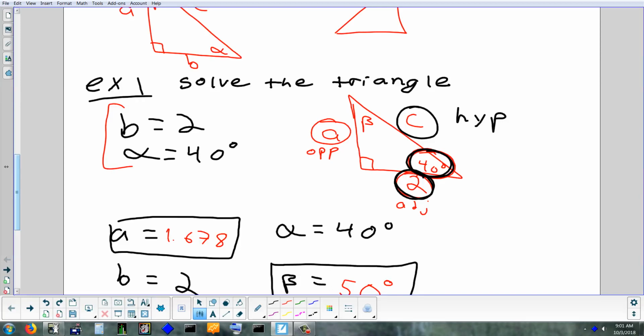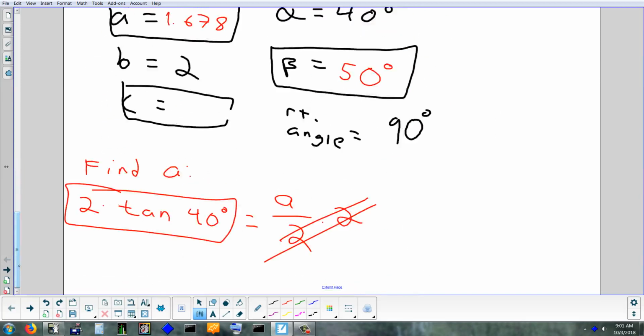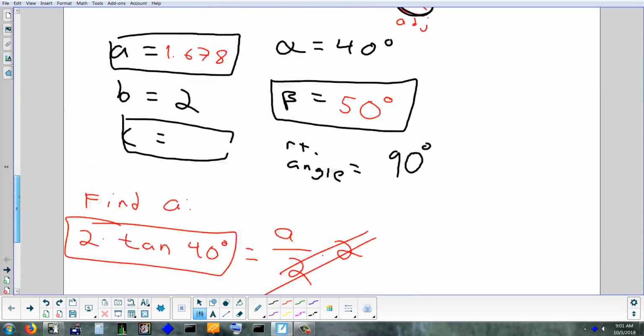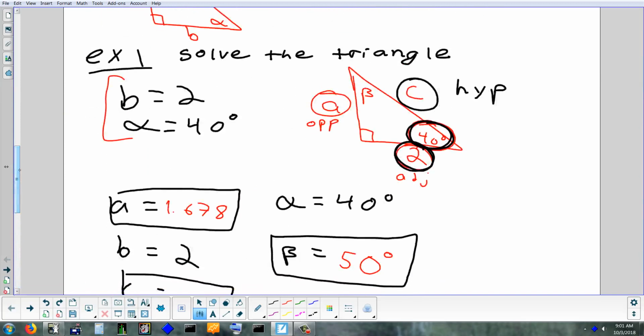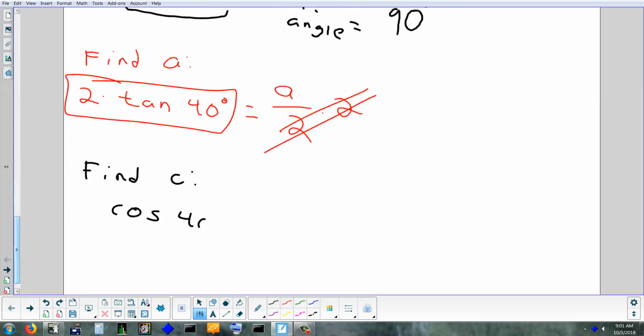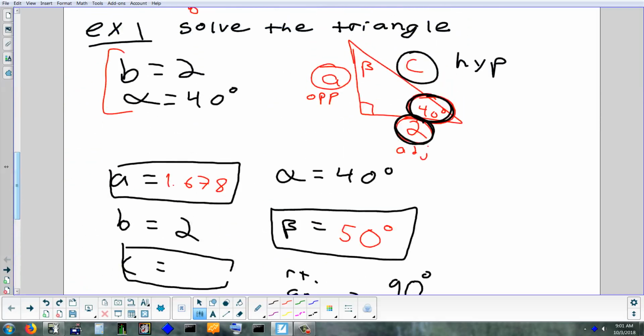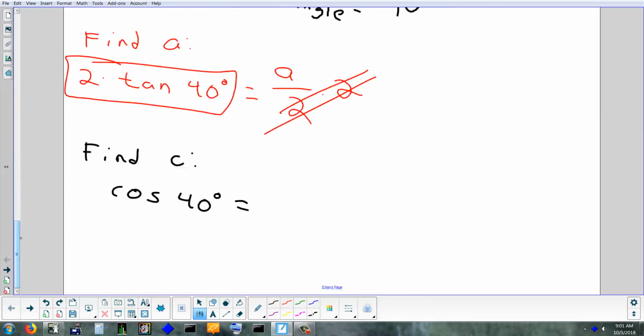Cosine. So to find C, we use cosine. It's going to be the cosine of, what's my angle? 40. Cosine of 40. Always fill your angle in right there. Equals adjacent over hypotenuse. Adjacent is 2. Hypotenuse is C.